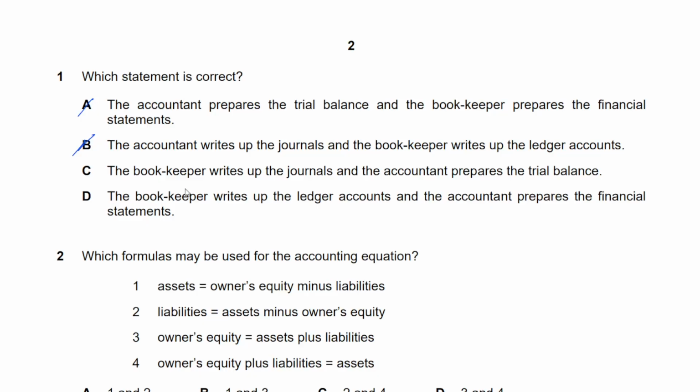Accounting prepares financial statements using the bookkeeping records, while the bookkeeper maintains the detailed transactions on a daily basis. The bookkeeper writes up the journals and the accountant prepares the trial balance. The bookkeeper writes up the ledger accounts and the accountant prepares the financial statements, by definition.